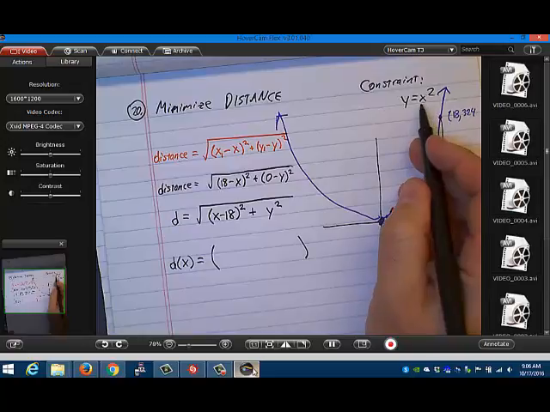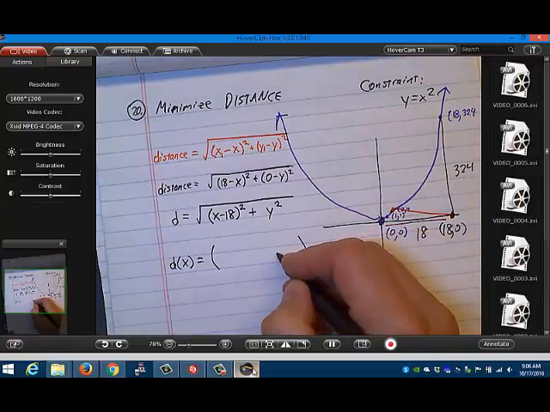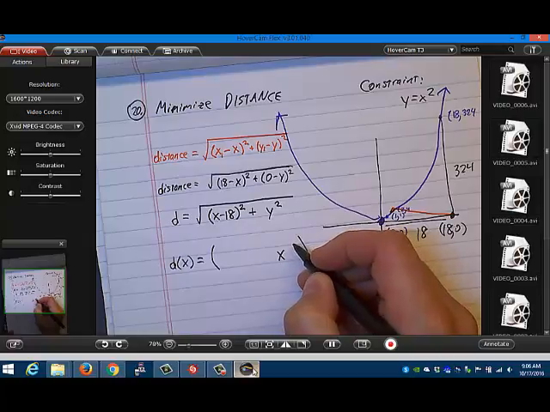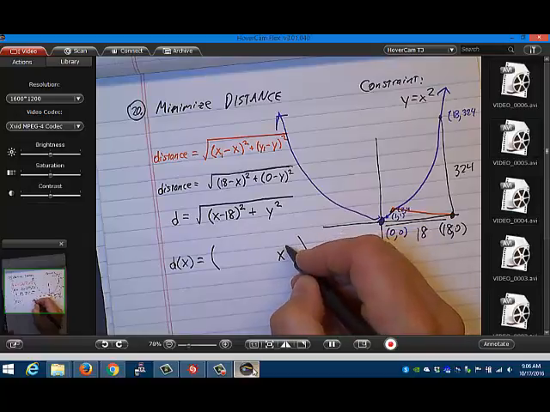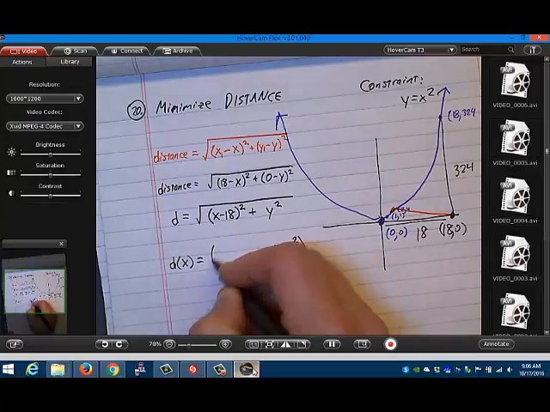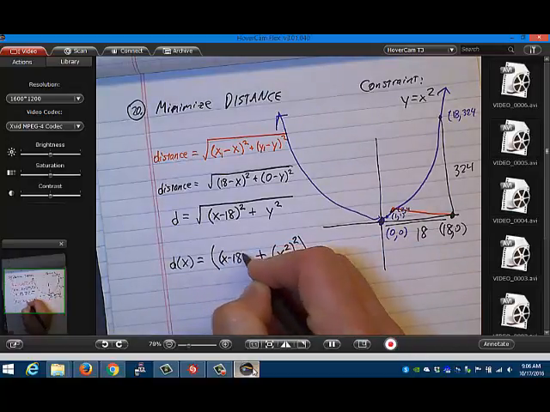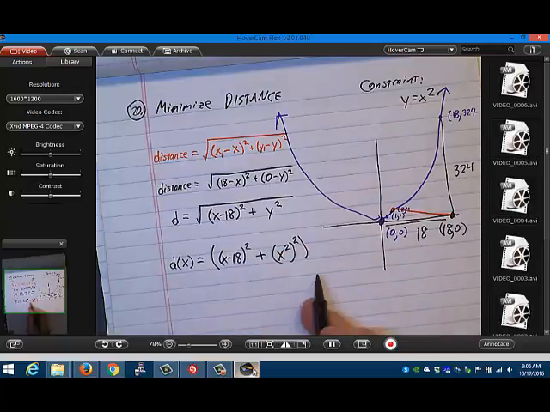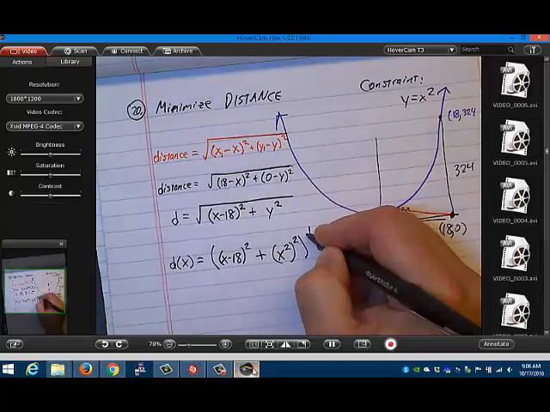We know that y is x squared, and so y squared would be what, by the way? x to the 4th, right? Because it's x squared squared. And over here I have x minus 18 squared. I wrote parentheses because I'm not going to write square root anymore. I'm going to write the whole thing to the 1/2 power.